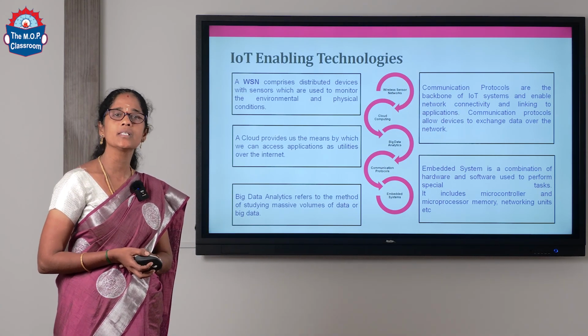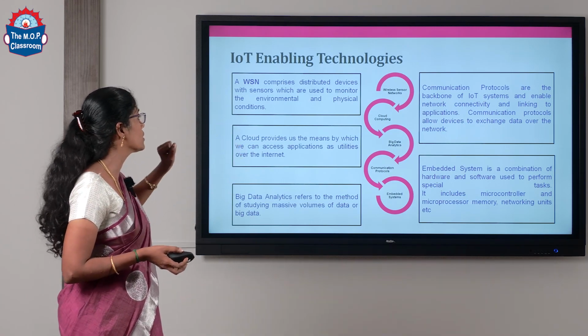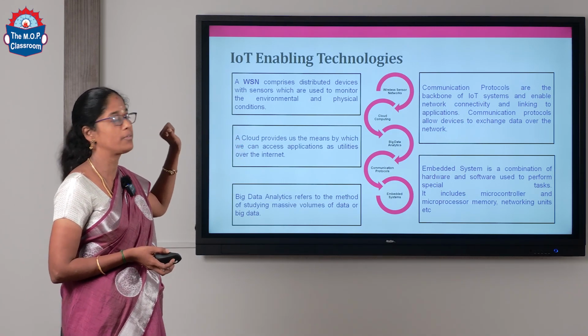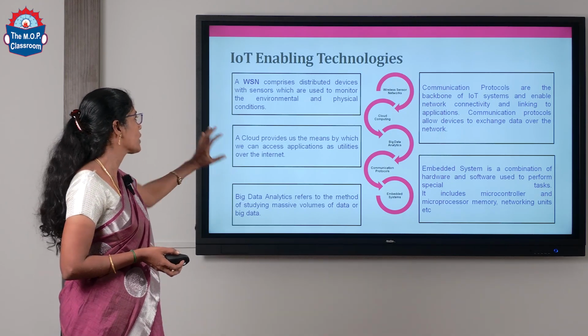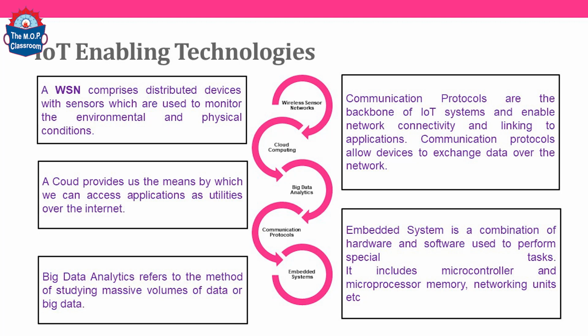So, what are the major technologies used hand in hand with IoT devices? The first one is wireless sensor networks, the second one is cloud computing, the third one is big data analytics, then communication protocols and embedded systems. Moving on to the first one, wireless sensor networks are distributed devices that have many sensors to monitor environmental and physical conditions.